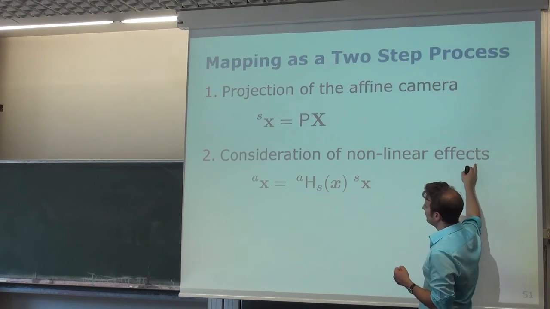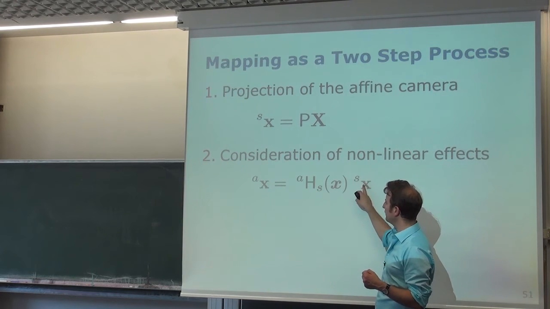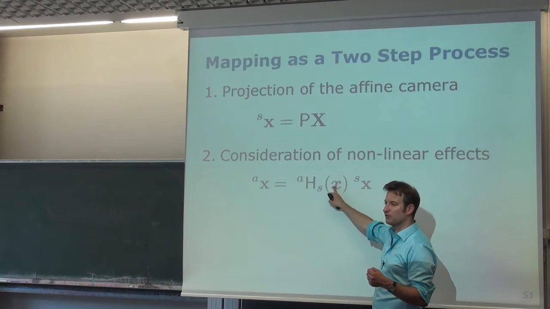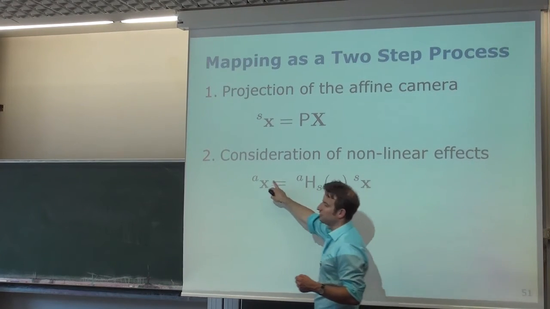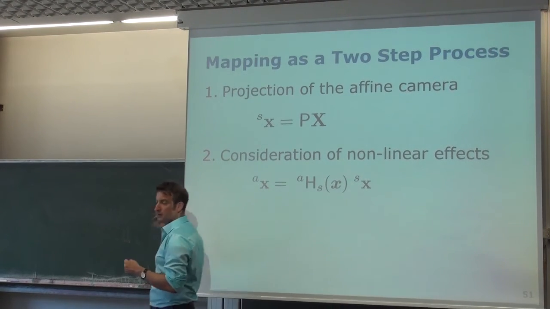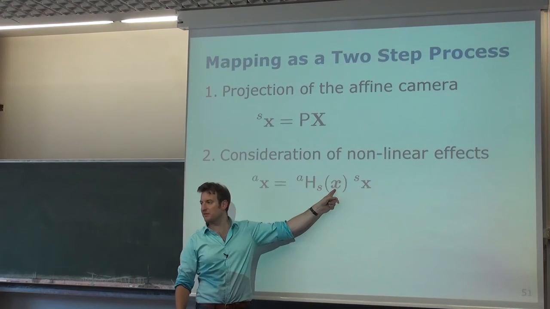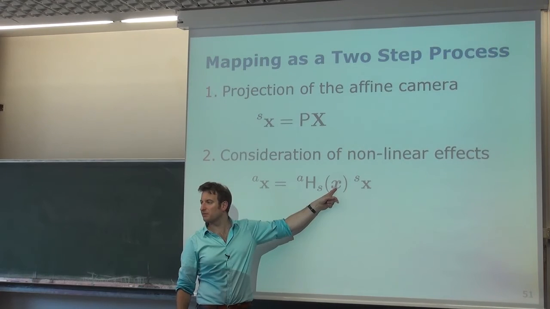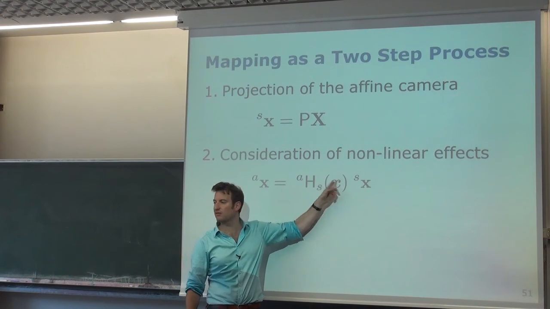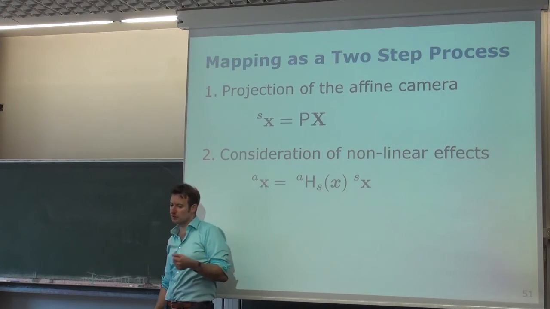Then, as a second step, we have this XS over here. This influences the x and y coordinates, which affect the transformation and then give the final result. This parameter can, for example, be this radius r, which depends on how far that point is away from the principal point. It depends on the pixel location from the projection.